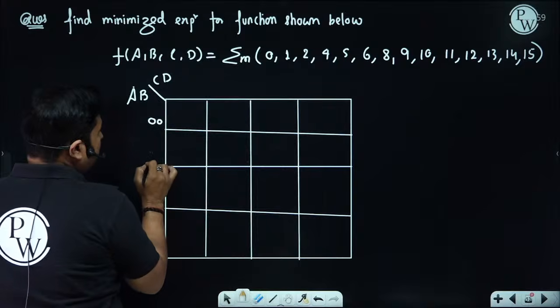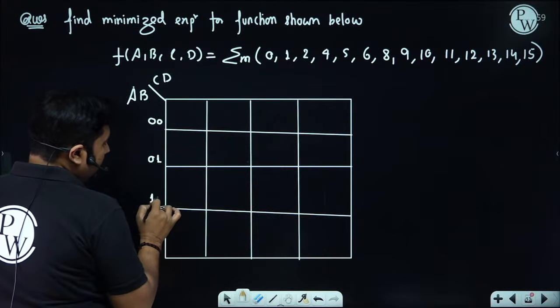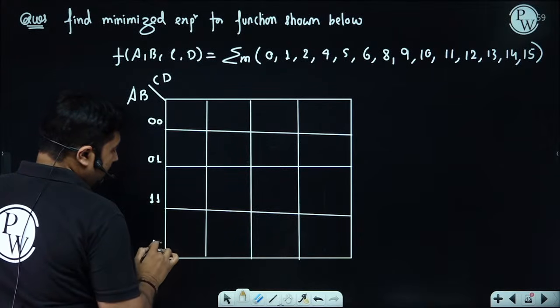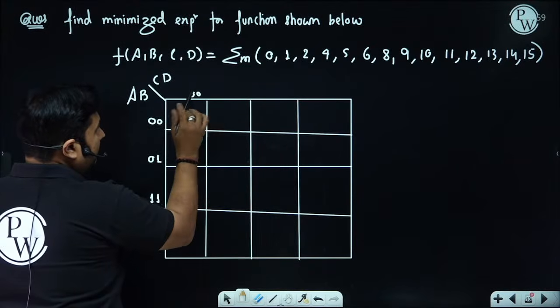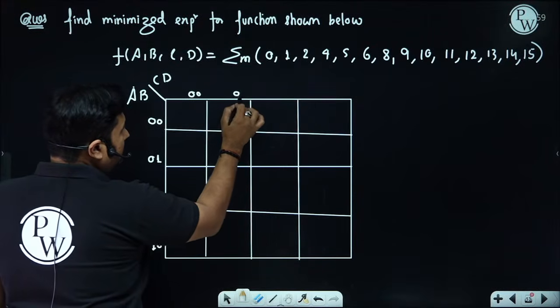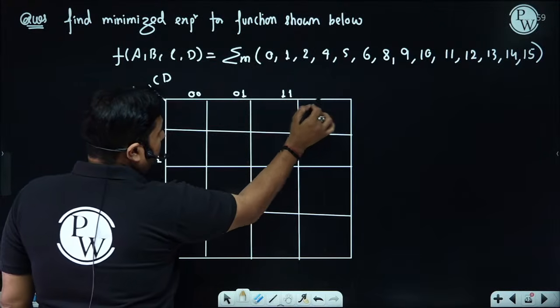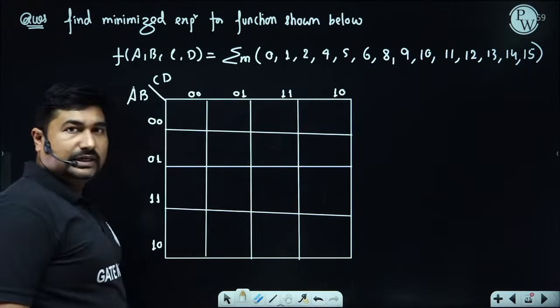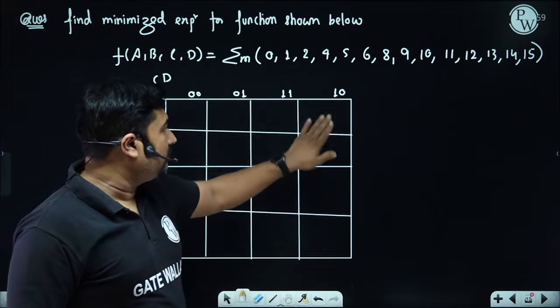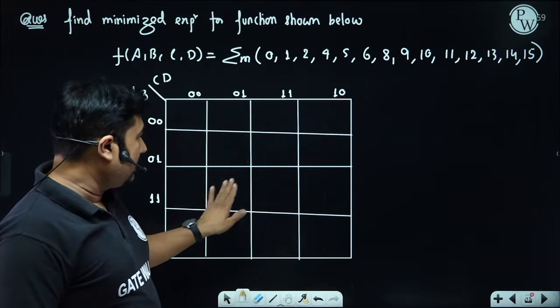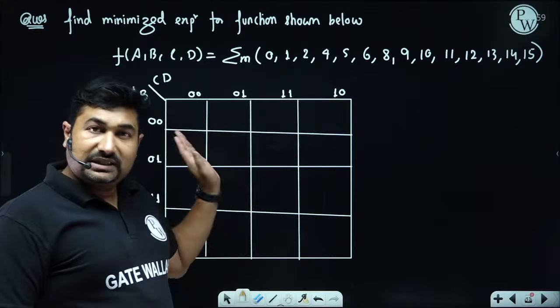We have 00, 01, 11 and 10 in gray code. All the subblocks are in gray code, so it is in this way: 0, 1, 3, 2, 4, 5, 7, 6 and so on.